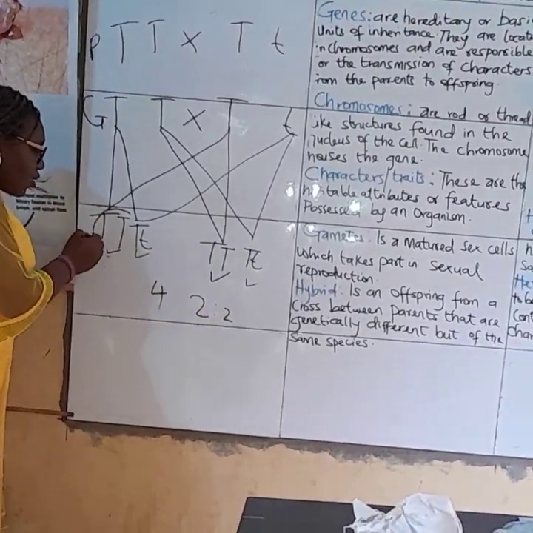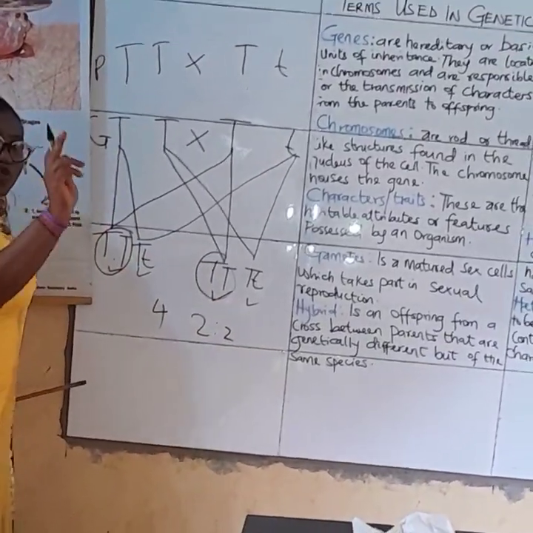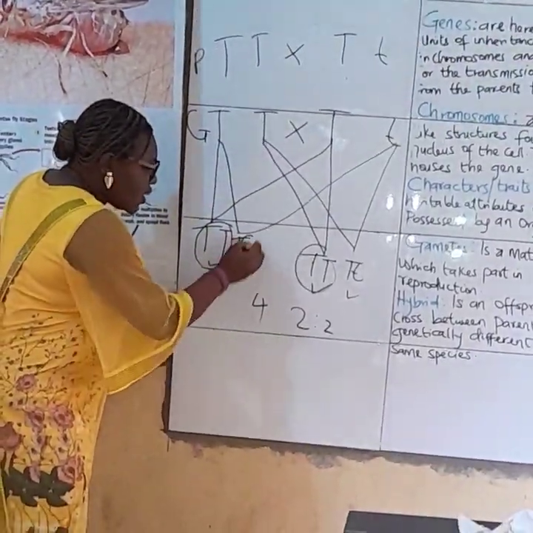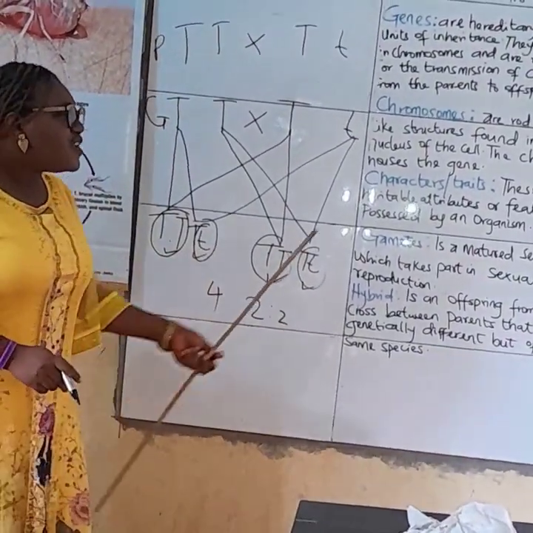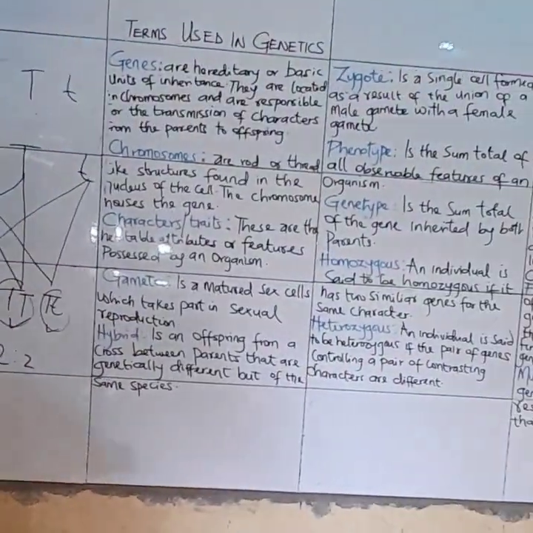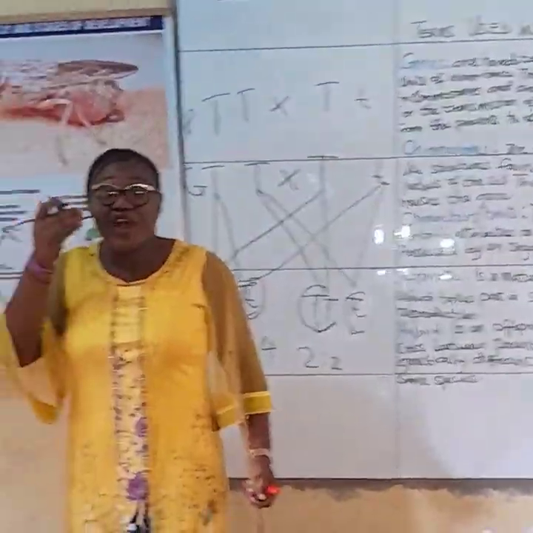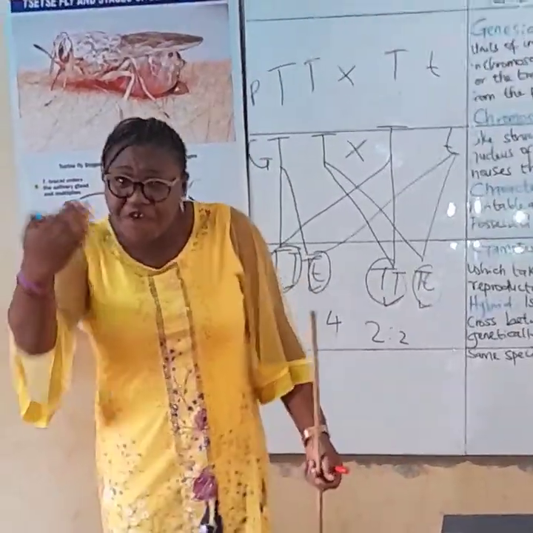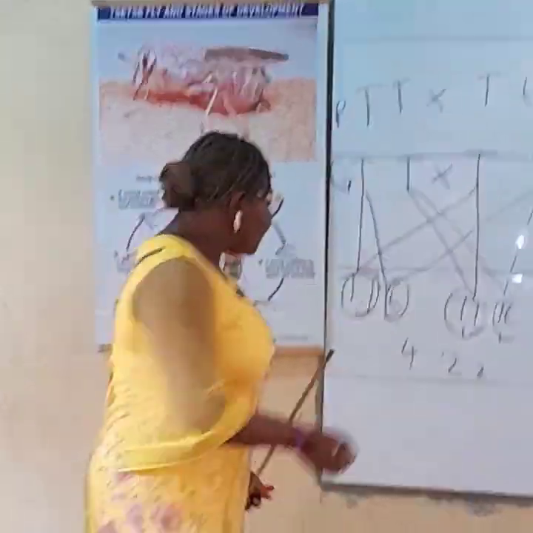Now, this one goes with this one, 1 plus 1 is 2. This one goes with this one, 1 plus 1 is 2. So the genotypical ratio is 2:2. But when we talk about the phenotypical ratio, the observable features, the one you can see with your eye, we say that it is 4.